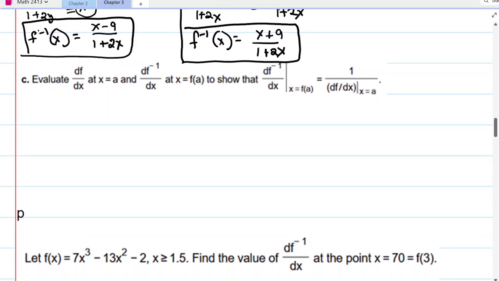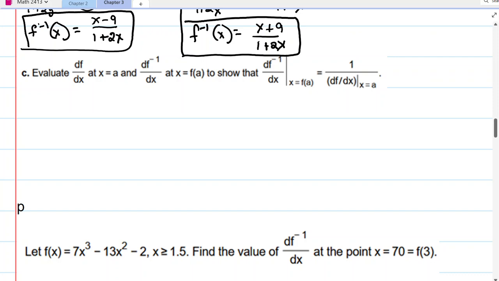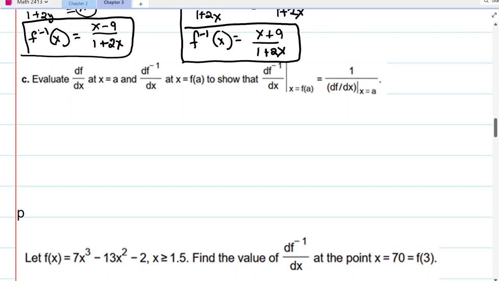Now this is where we're going to be looking at the proof that they showed us. They want us to evaluate the derivative of the original function.